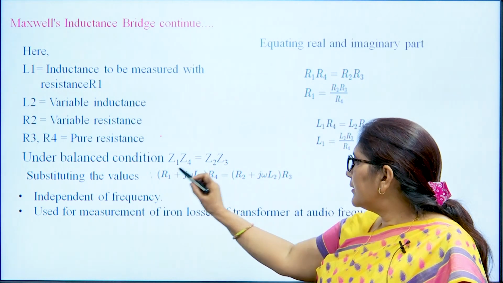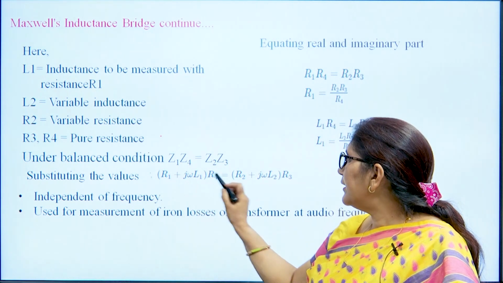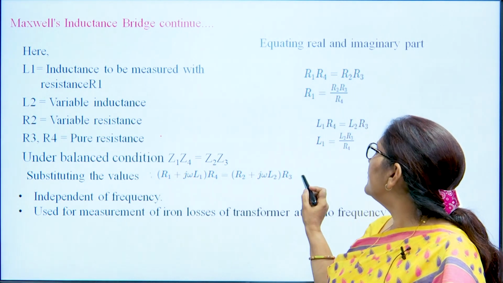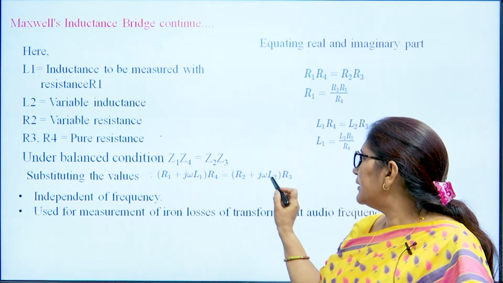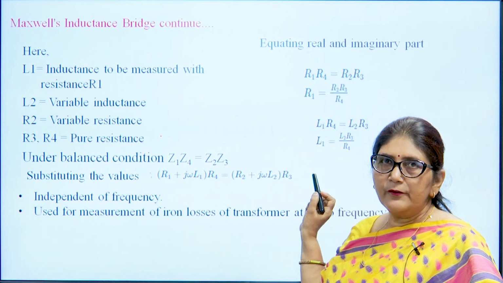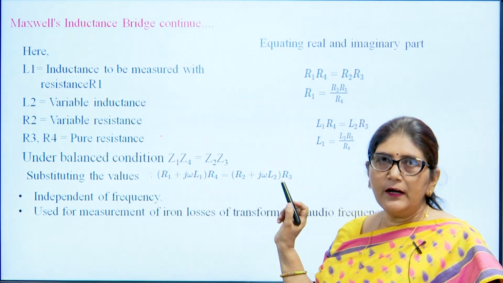Now by solving this equation, we will get R1 R4 is equal to R2 R3, and j omega L1 R4 is equal to j omega L2 R3. So L1 R4 is equal to L2 R3.